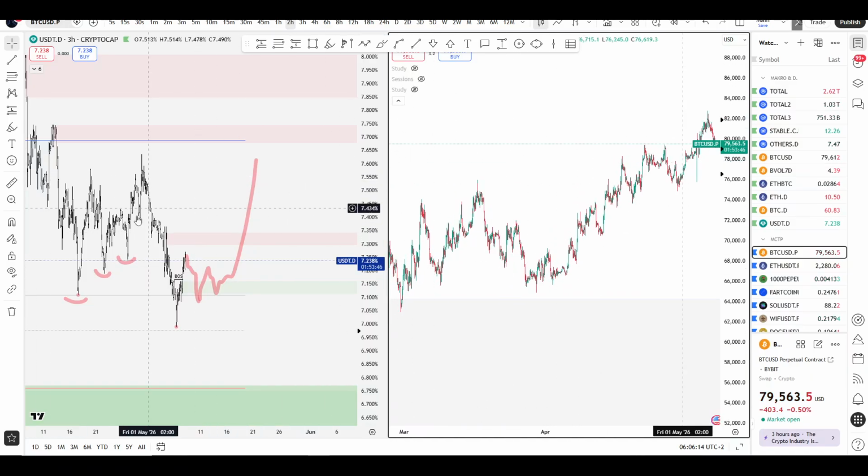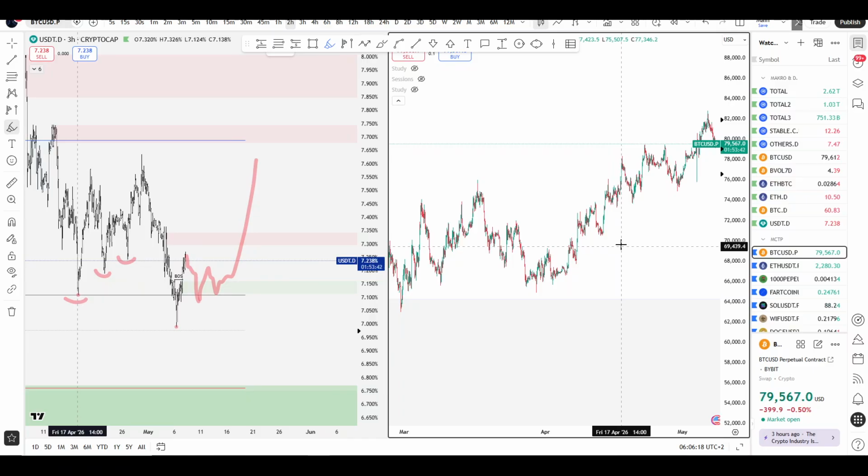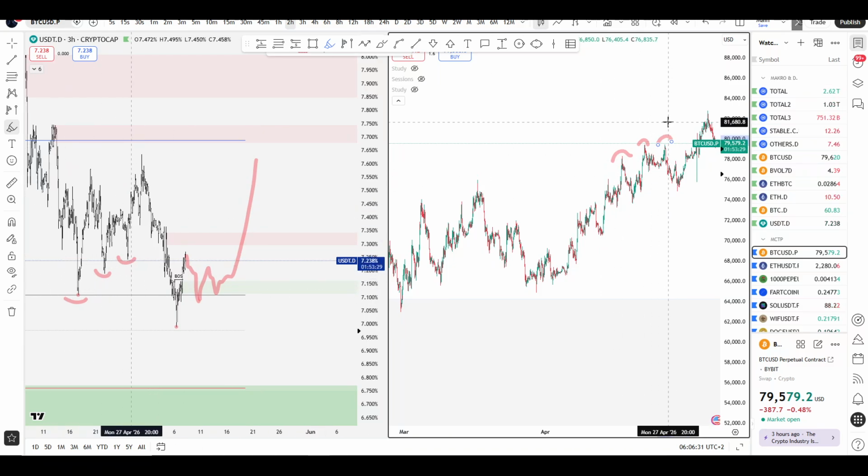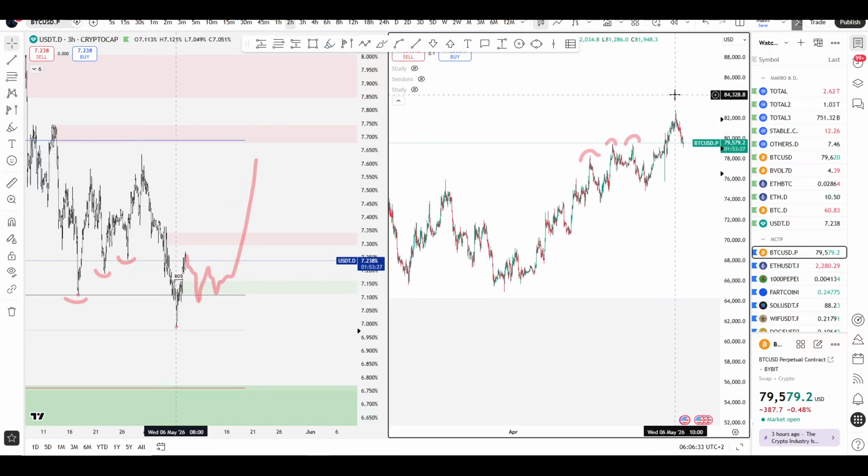Well, it does not matter. So you can see, this is a first low, this is a second tap on USDT, this is another high, and this is another high. All these were lower highs and these were higher highs, and you can see this actually took out all these lows. But why?